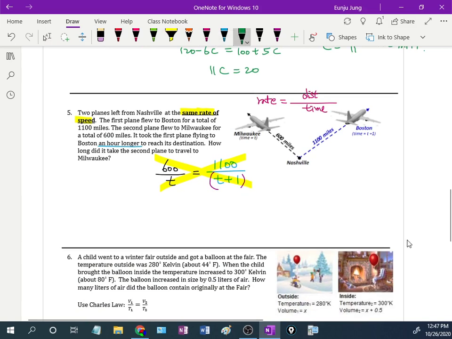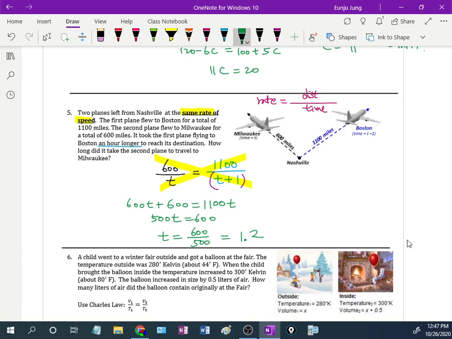All right, let's cross multiply. 600t, distributive property, 600, and 1,100t, and subtract, so that is 500t equals 600, right? So let's do division. 600 divided by 500, so what do we get? 1.2?